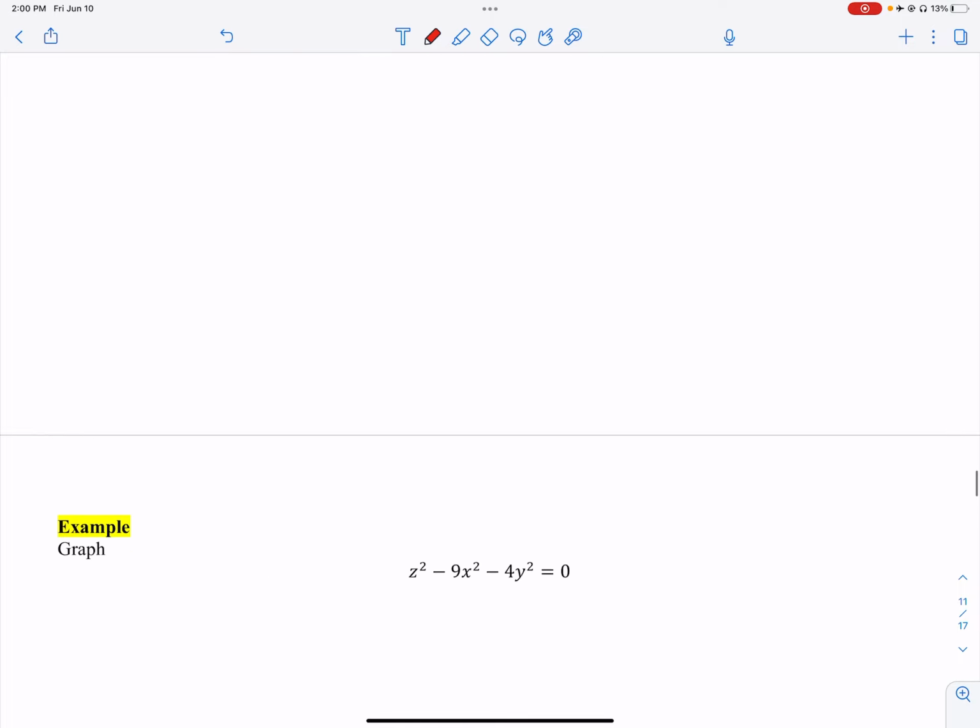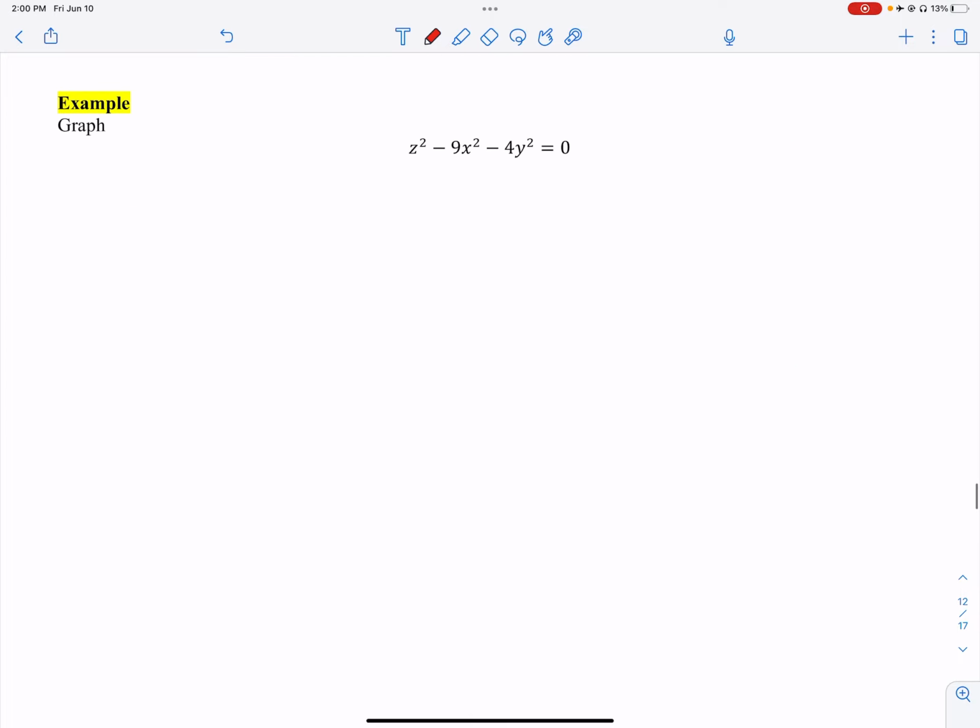All right, so let's do an example. We are going to graph one of these things. Remember, it's a cone, so we imagine some type of cone-looking shape. Since everything on the right is 0, I can change the signs. I can multiply the left side by whatever I want.